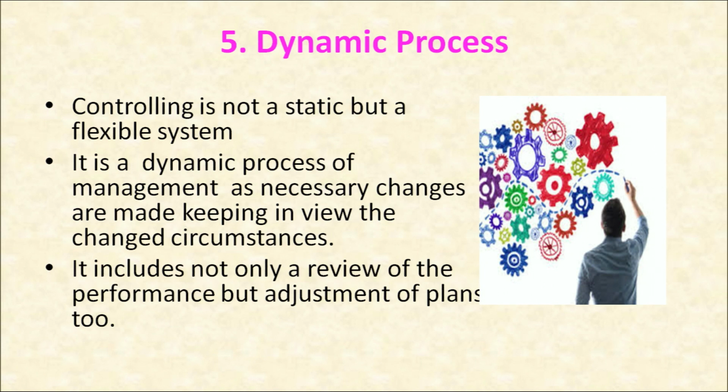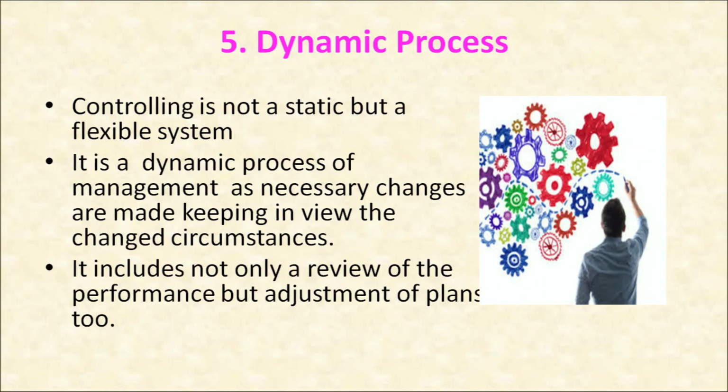It is a dynamic concept because as and when changes keep on taking place in the environment, whether internal or external, the control mechanism also needs to adjust itself according to those changes, and you need to keep on reviewing and revising your controlling techniques, and these techniques we'll discuss later in the chapter. So, the control mechanism needs to be adjusted so that you are able to incorporate whatever new changes or necessities are brought in by both the internal as well as the external factors.